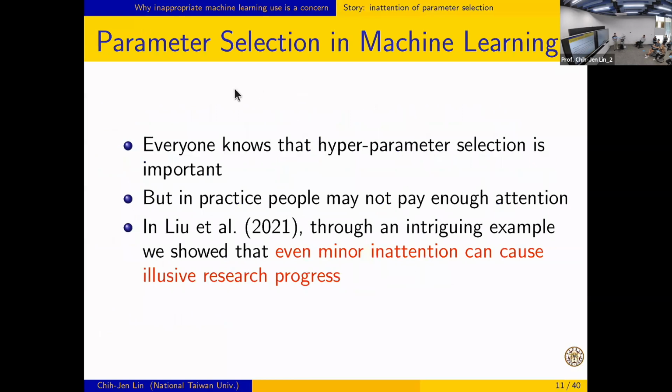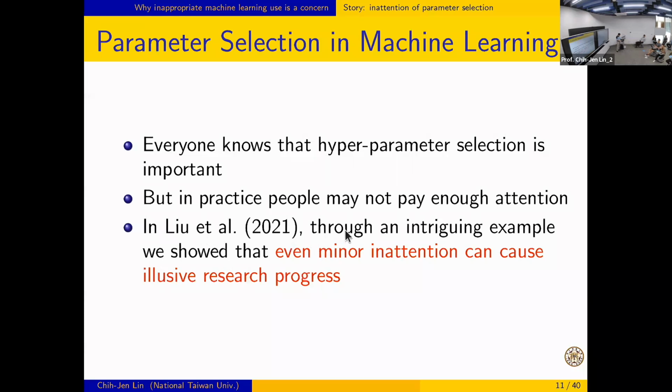About parameter selection in machine learning. Actually, everyone here knows that for machine learning methods, hyperparameter selection is extremely important. But the problem is that in practice, people may not pay enough attention. And this is a short ACL paper.